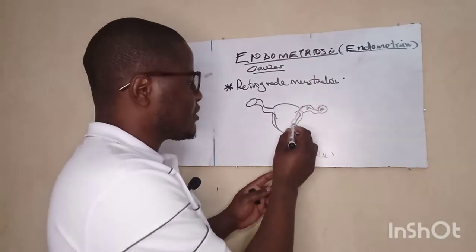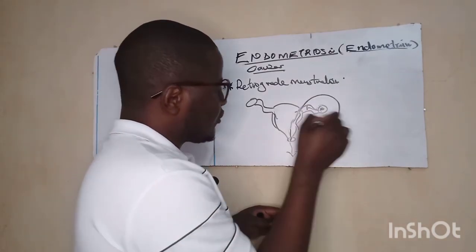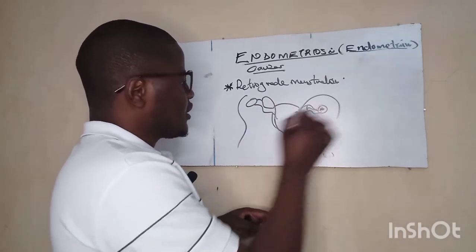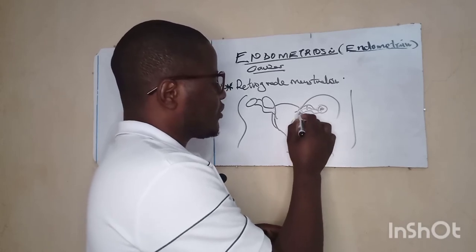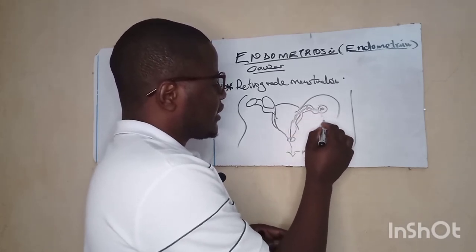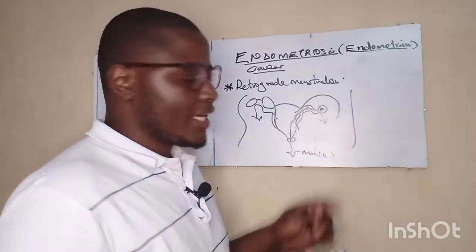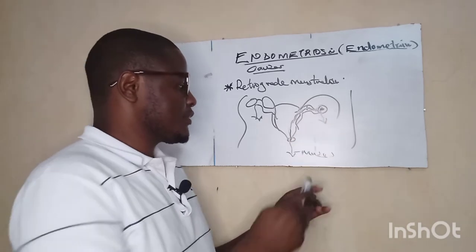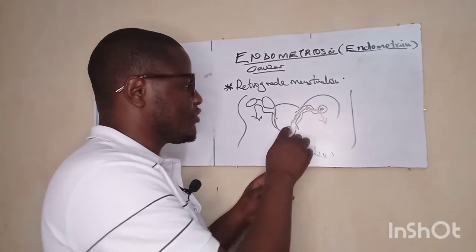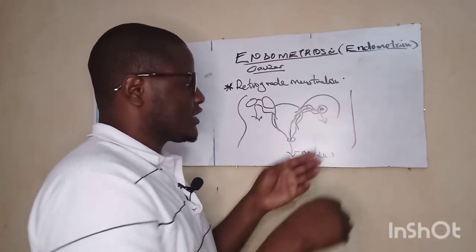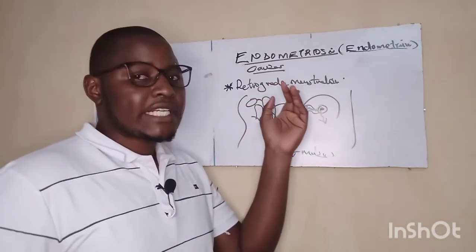It might even go back through the fallopian tube and then pour down into the abdomen or the peritoneum. That is what we mean by retrograde menstruation.